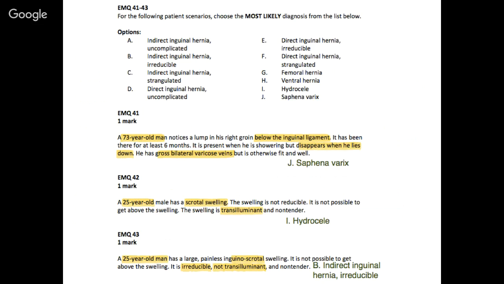So just remember, hydrocele is transilluminant. 43 pretty much tells you the answer. It's irreducible, it's not transilluminant, so it's not fluid, and it's an inguinoscrotal swelling. So it's an indirect inguinal hernia, irreducible.